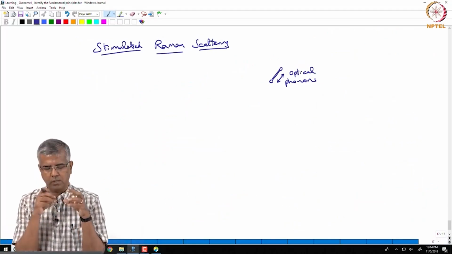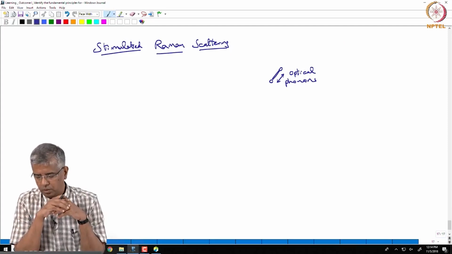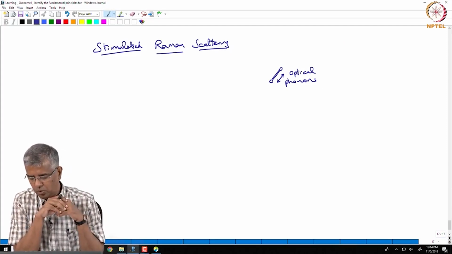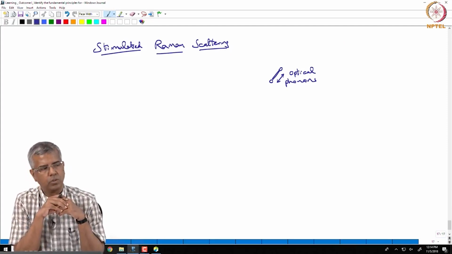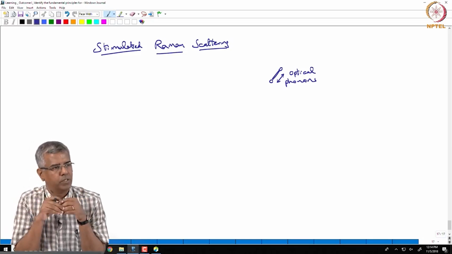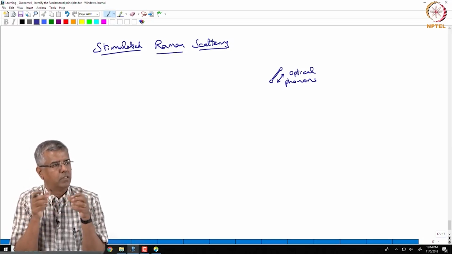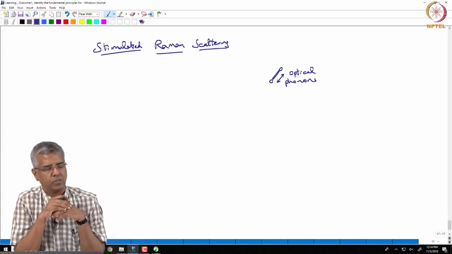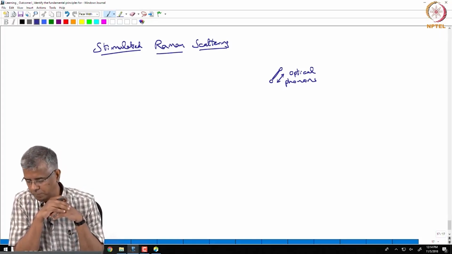Whereas if it just corresponds to the vibration modes of a molecule, you have a much higher frequency at which this vibration happens. So they are called optical phonons.